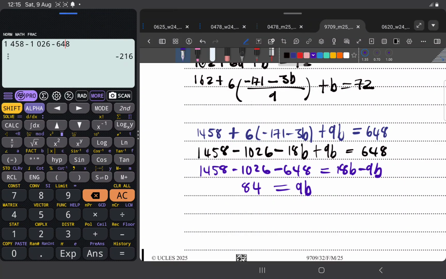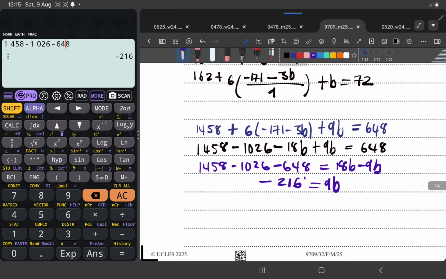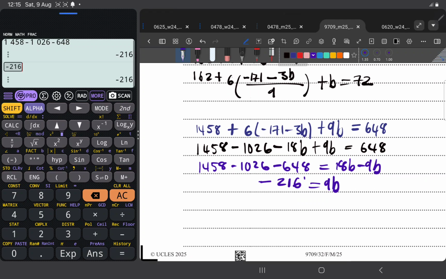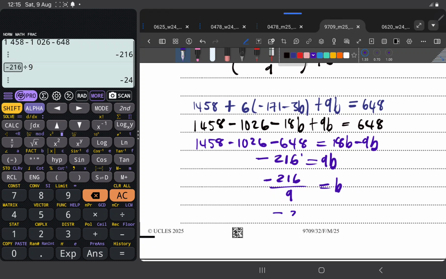So this is 648. Here I'm getting negative 216 is equal to 9b. So now I would say negative 216 divided by 9 is my b, which is just negative 24. So my b is negative 24.